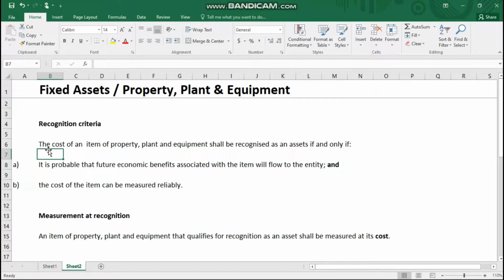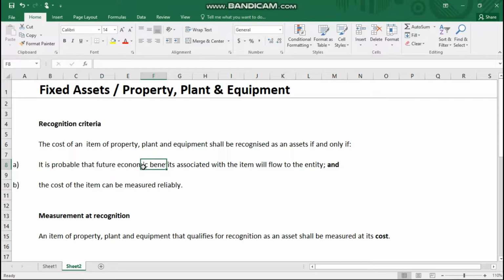Any item of property, plant, and equipment can be recognized as an asset when these two conditions are met. What does it mean?